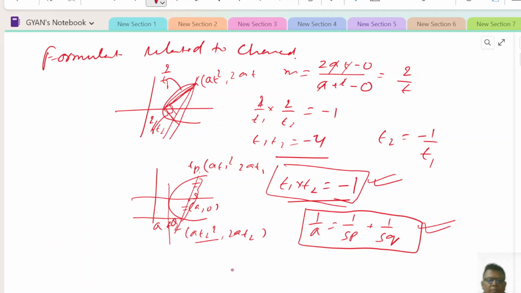So length will be A plus A T1 square plus A plus A T2 square, with T2 equal to minus 1 by T1.